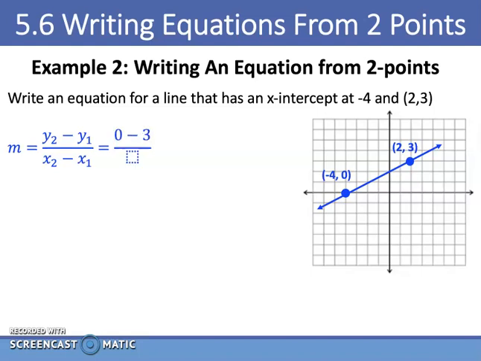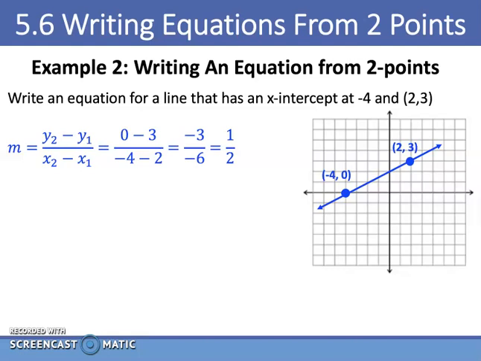So if we fill in our y values, we're going from 0 to 3. And then when we fill in our x values, we're going from -4 to 2. So in the numerator, 0 minus 3 is -3. -4 minus 2 is -6. Now a negative divided by a negative is a positive, so we're going to get a positive 1/2. We've just calculated our slope as 1/2.